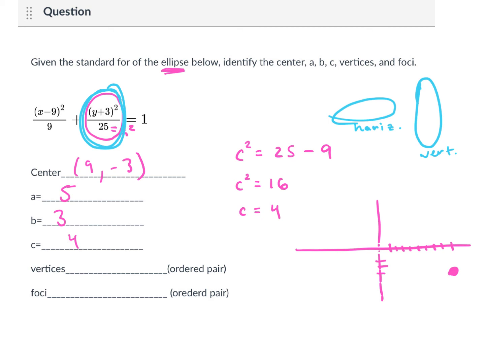And that means our vertices are going to go up and down. So what's the distance from the center to the vertices as we go up and down? Let's just do up first. How much do we go up to the vertex? c is always the distance to the foci.